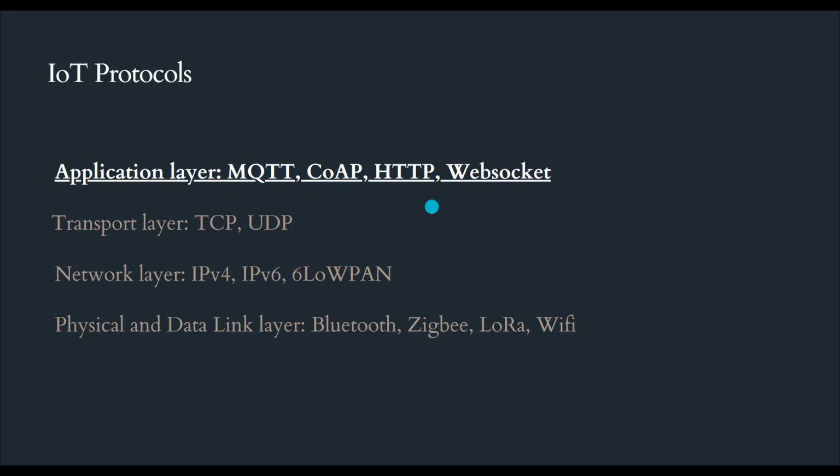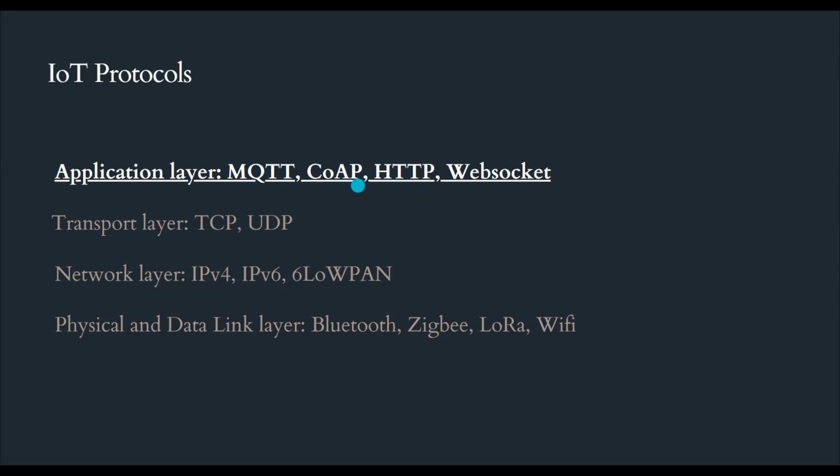We have other protocols known as CoAP, which is Constrained Application Protocol, and HTTP and WebSocket protocols. HTTP is widely used not only in IoT networks, but also in computer networks in general, and it is used to access websites and web services. So we'll talk about HTTP first, and then CoAP second.